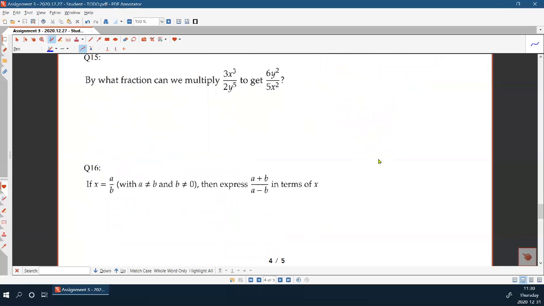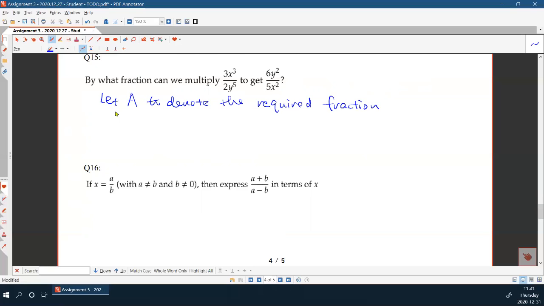By what fraction can we multiply 3x cubed over 2y to the 5th to get 6y squared over 5x squared? We use the letter A to denote the required fraction.